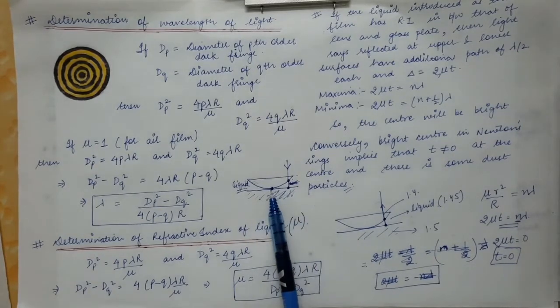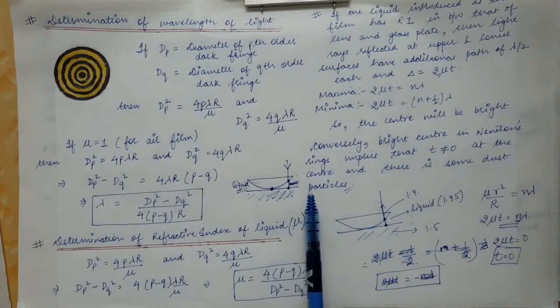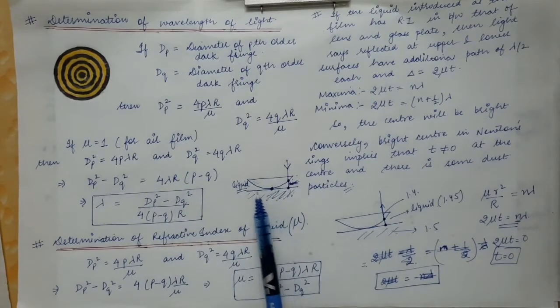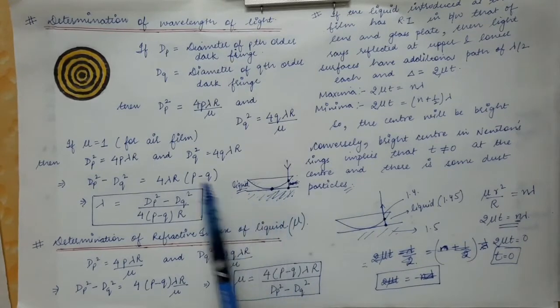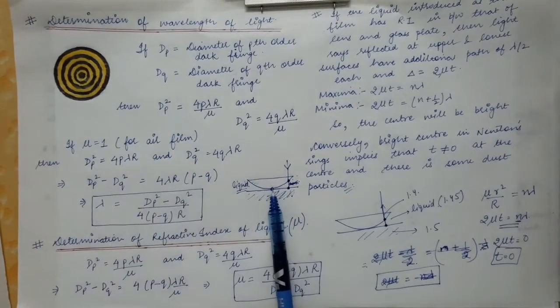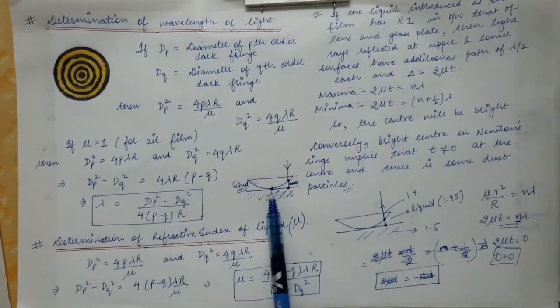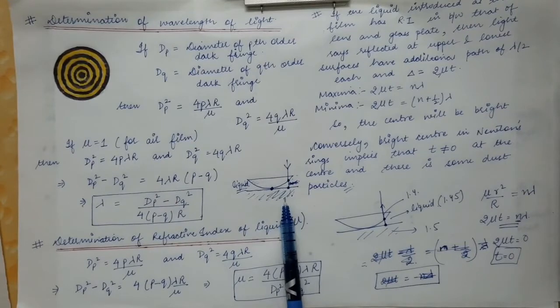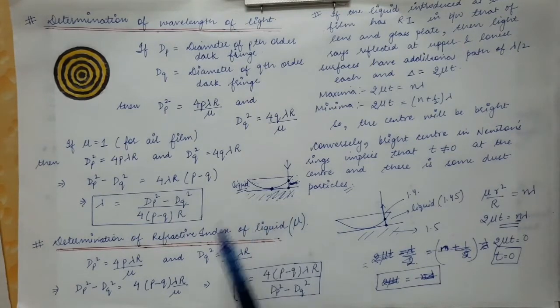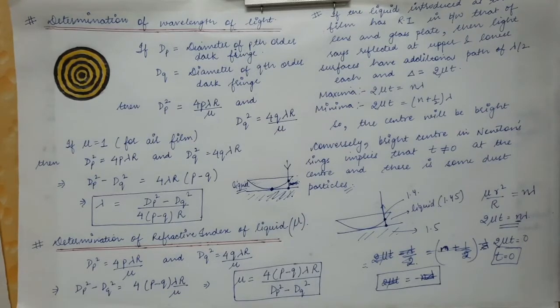So the thickness at the point of contact should always be equal to 0, but when in the Newton ring experiment we are using an air film and there is a bright central fringe, that implies that the thickness at the point of contact is not equal to 0, and some dust particles are present at the point of contact, due to which the thickness of the air film is not equal to 0.